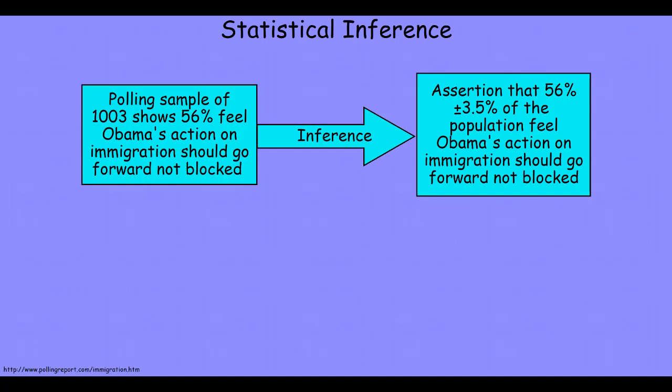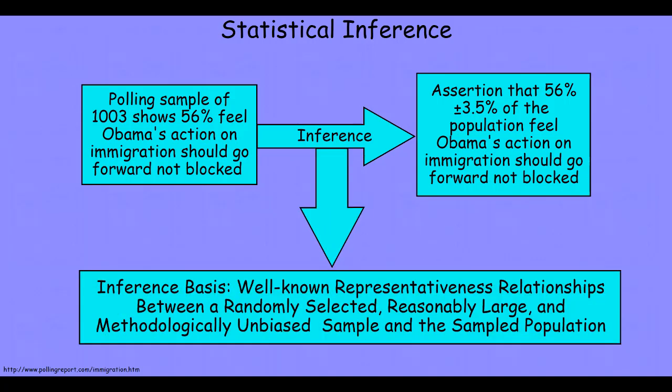They said with a 95% probability, it will fall within the range of 52.5 to 59.5. That was a modern statistical inference based on well-known representativeness relationships between a randomly selected, reasonably large, and methodologically unbiased sample and the population from which that sample was drawn.